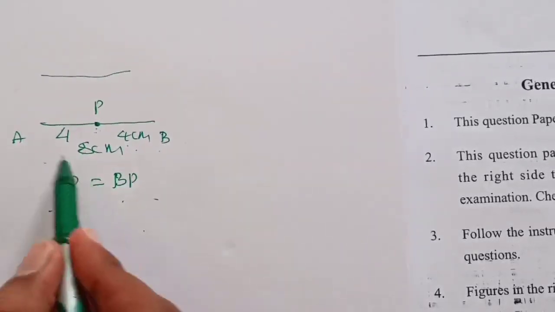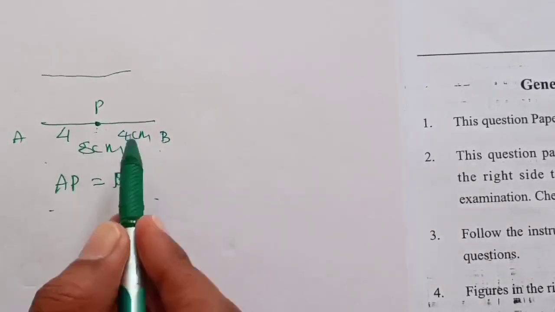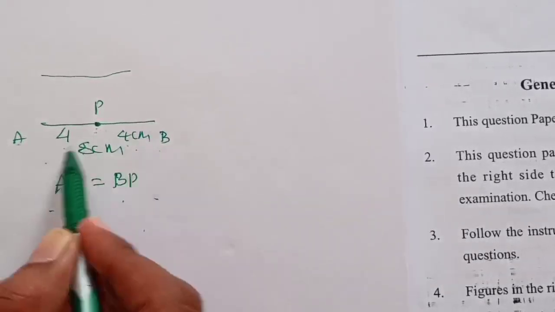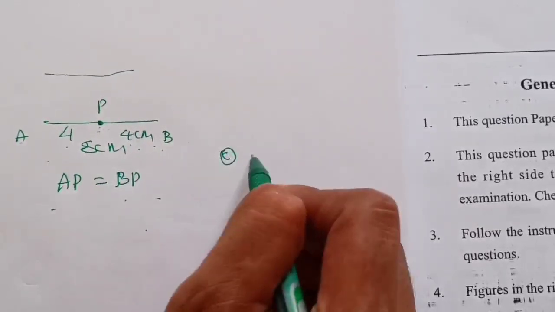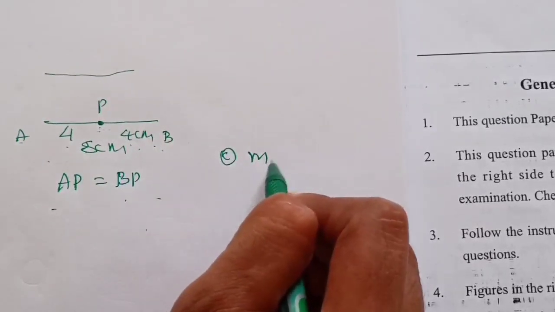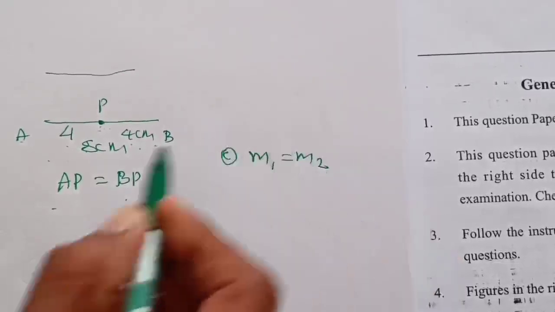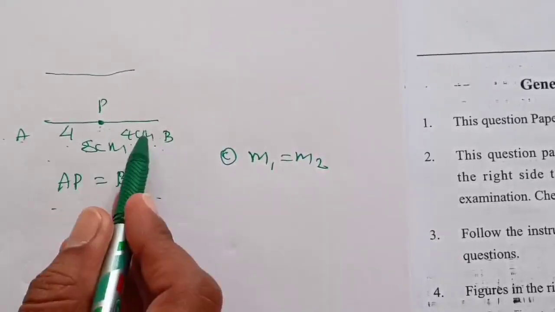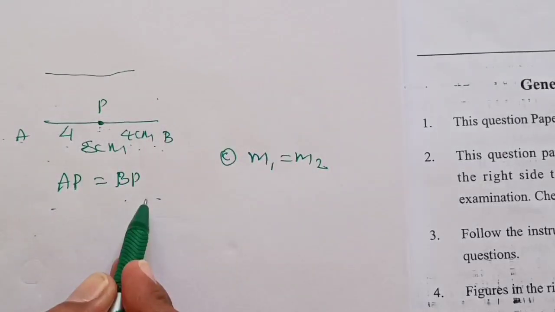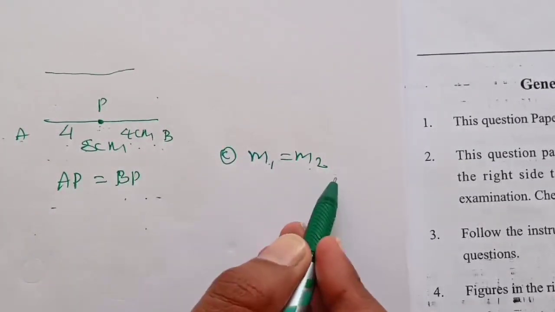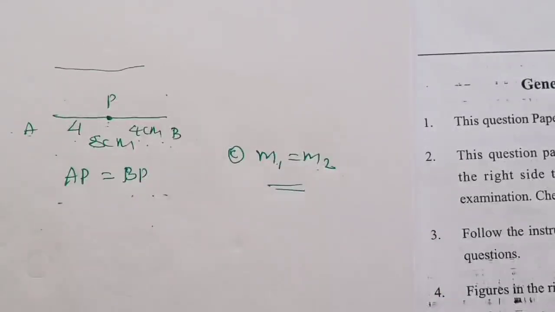So the point P has divided the line segment in the middle, correct? So which option is correct means the C option will be correct. So M1 will be equals to M2, because this AB line segment has been divided in the ratio M1 is to M2, where AP equals to BP. So M1 should be equals to M2. So C option is correct. Okay. So this is the answer for the next question.